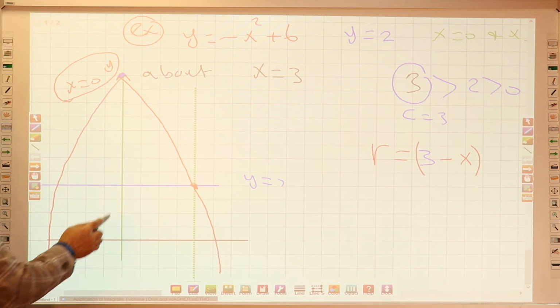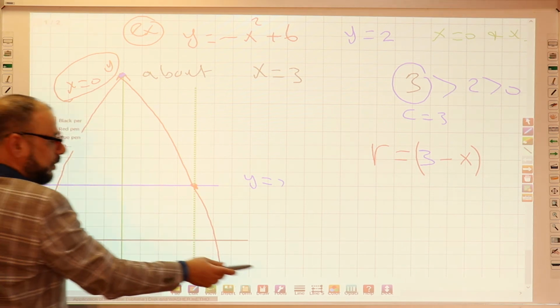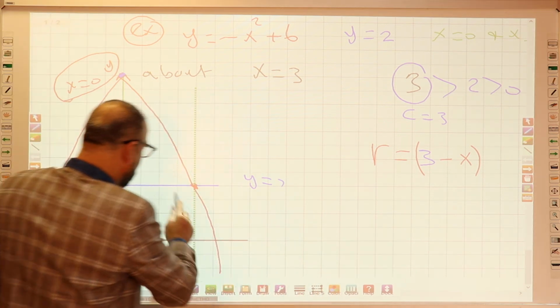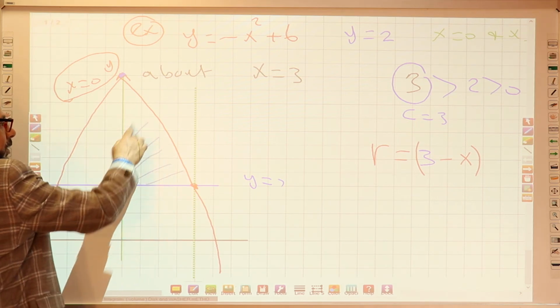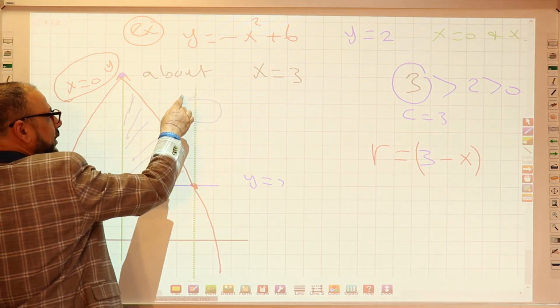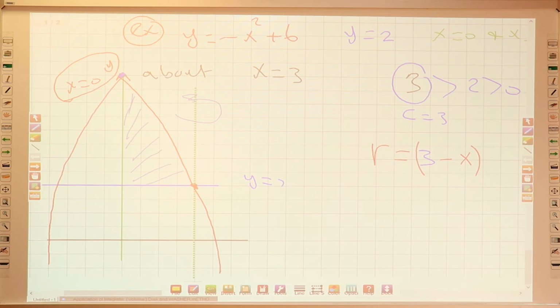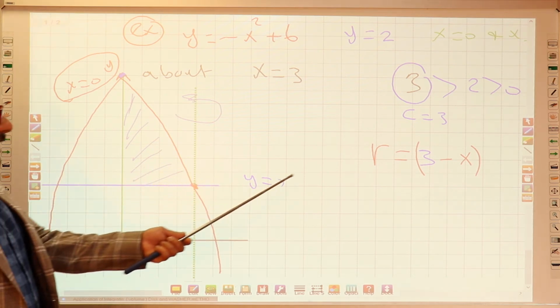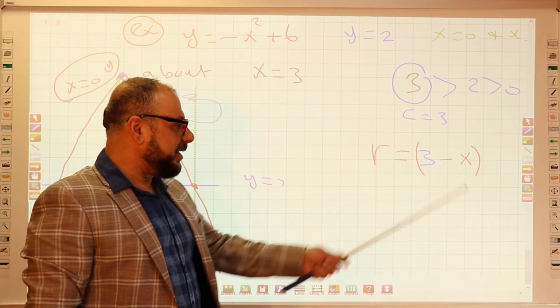Then this area between them is what I want to revolve about this line. Now the most important thing is I got the radius.